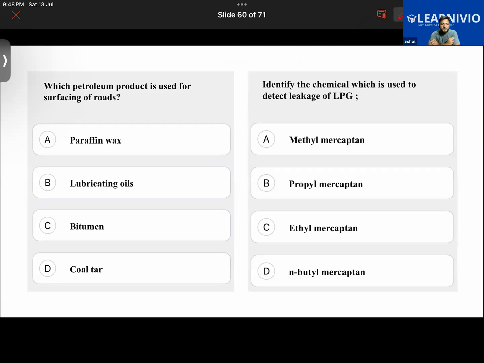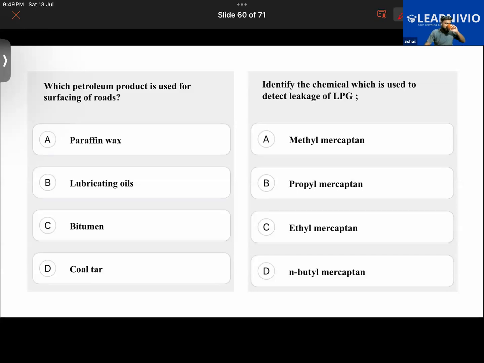Now see, we have learned that in the first question you have two options and both of them are correct, but one of them was used earlier. Nowadays we are using one product only. One of them is still being used while the other was earlier in use.